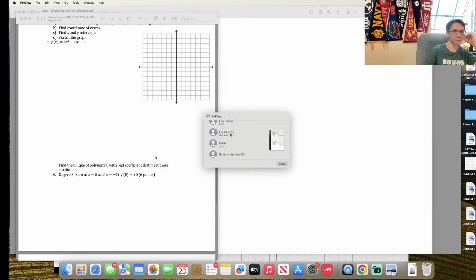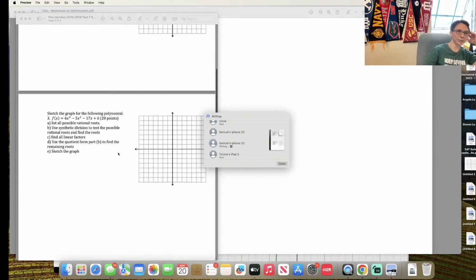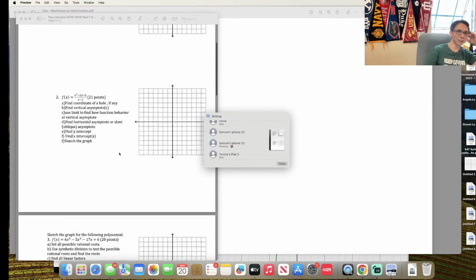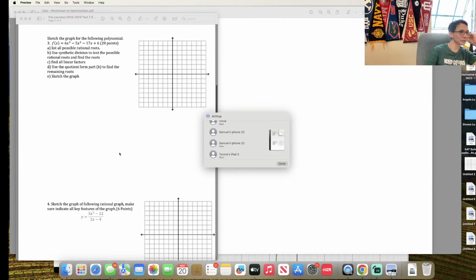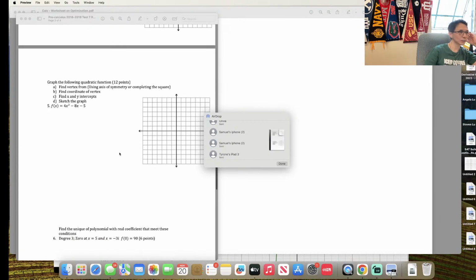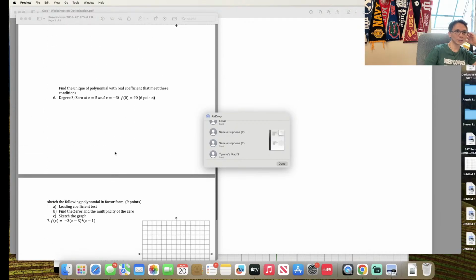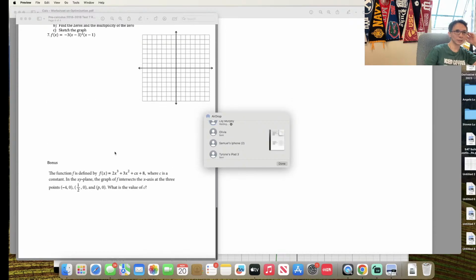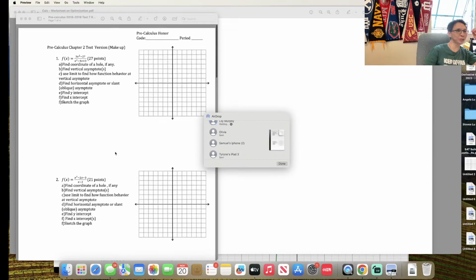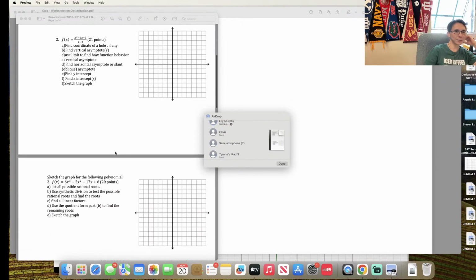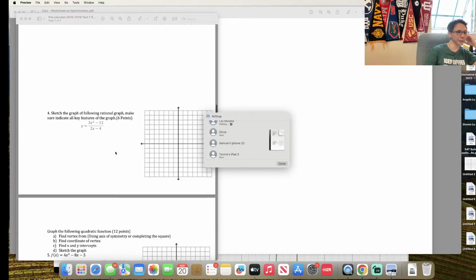You said this is one of the hardest tests for pre-cal? Yeah, I think it is the hardest because it has a lot of different variations in there. They added more. I put a polynomial and rational together on the test, but I think polynomial is pretty easy.